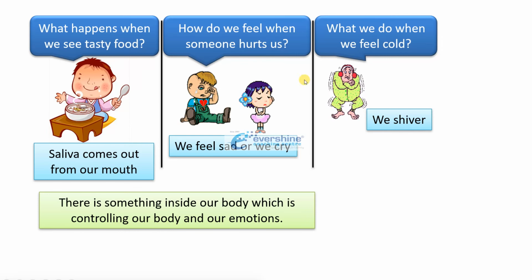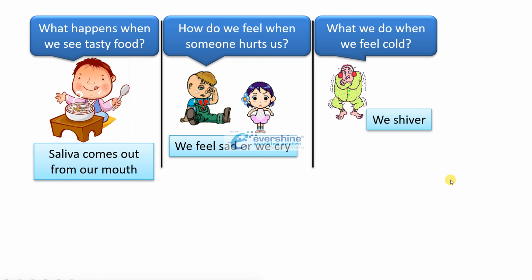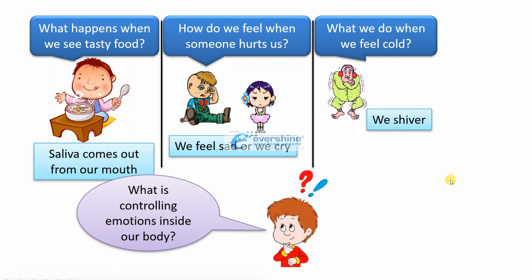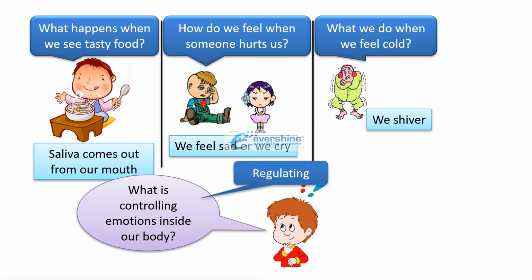Are you getting my point? Someone is there. Who is that? That is what we are going to find in this chapter. Here we'll come across all the basic things about each and every topic right from the scratch of your textbook. So who is regulating the emotions in our body?